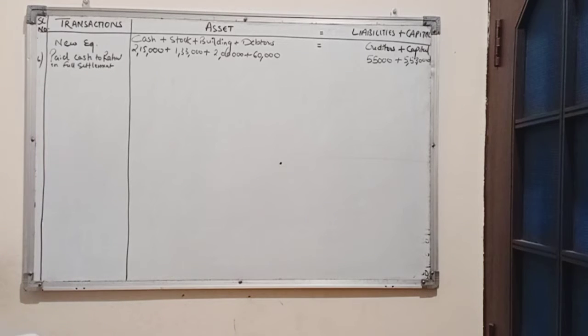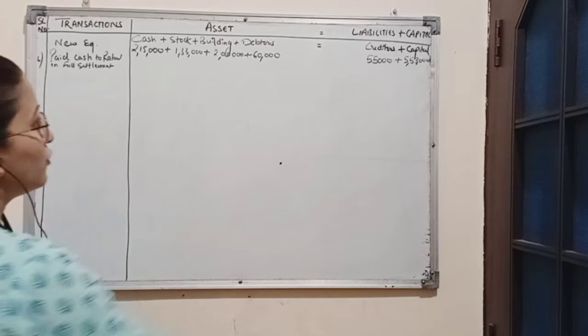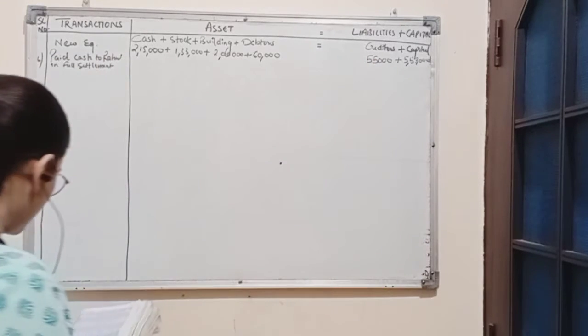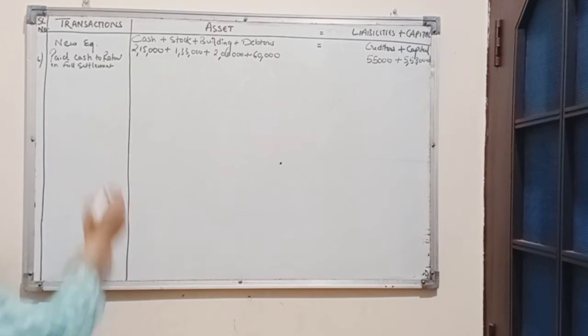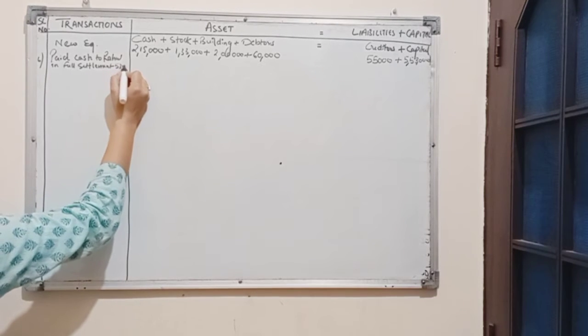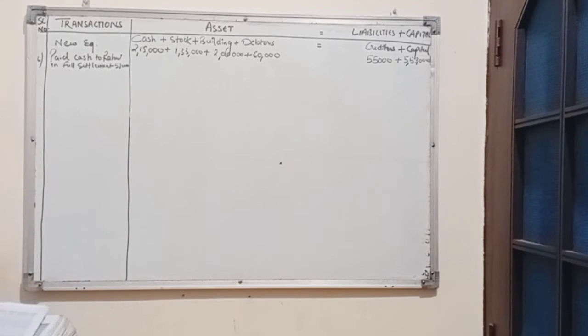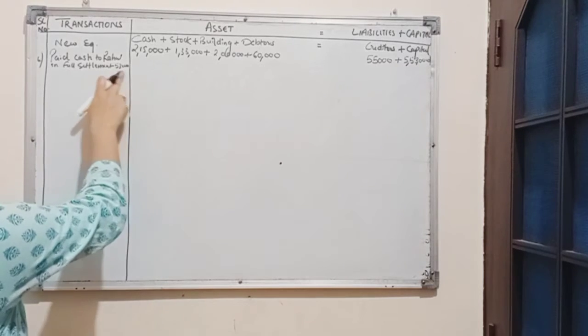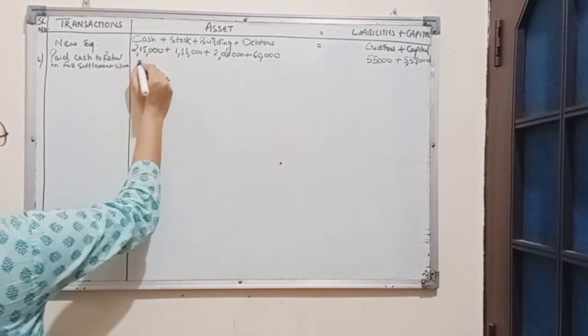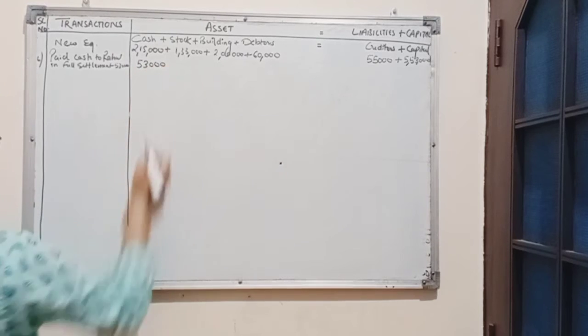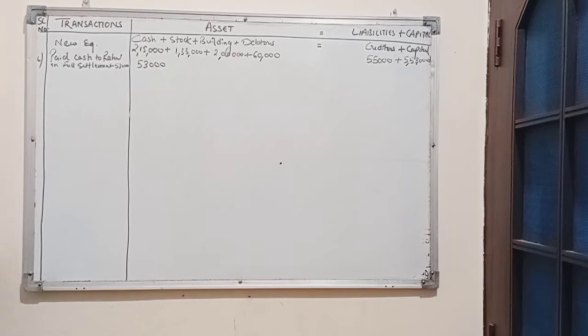Rahul, who was a creditor, we have to pay Rahul rupees 55,000, but Rahul has agreed to receive 53,000. That means the payment which was to be made was 55,000, but that payment is now settled with 53,000. So cash of rupees 53,000 has been paid. So we will deduct 53,000 from cash.